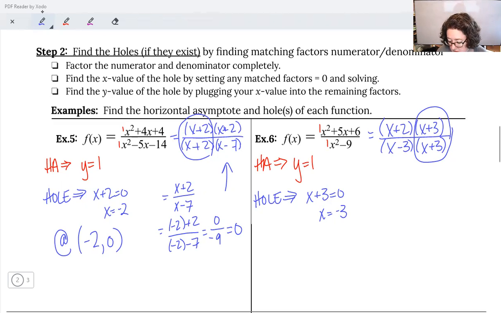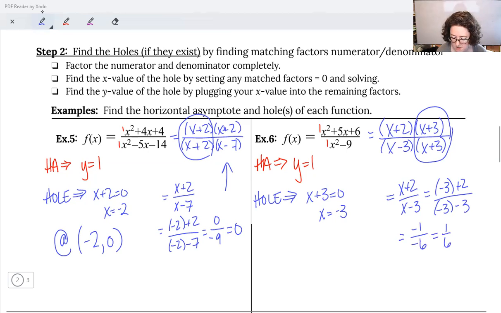Plug it into x plus 2 over x minus 3, our remaining factors. So -3 plus 2 over -3 minus 3, aka -1 over -6, or just 1/6. So our hole is actually at (-3, 1/6).